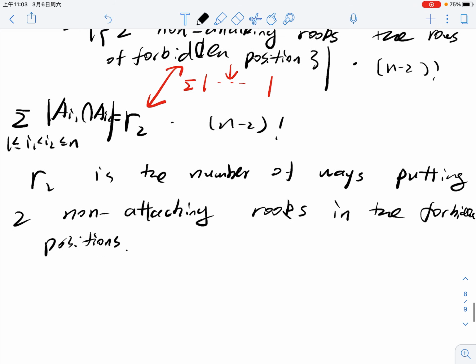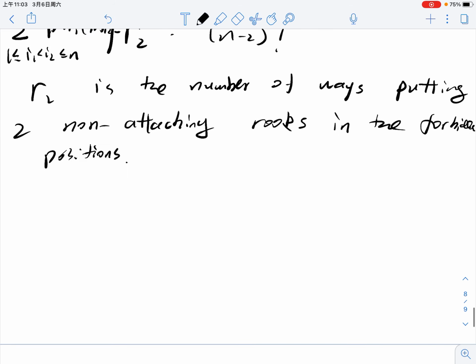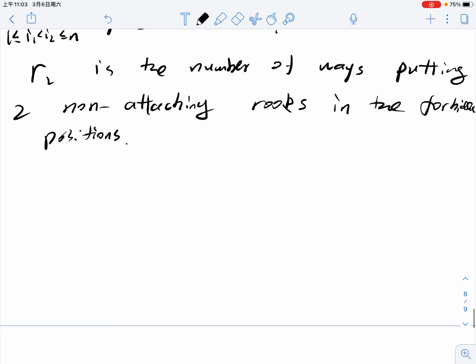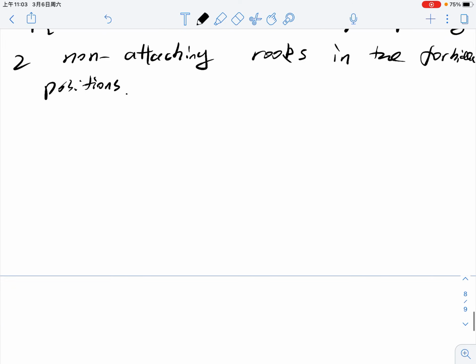Here you see you don't have any restriction from the columns, whereas where the rook is located is not important. It's not contained in the definition.